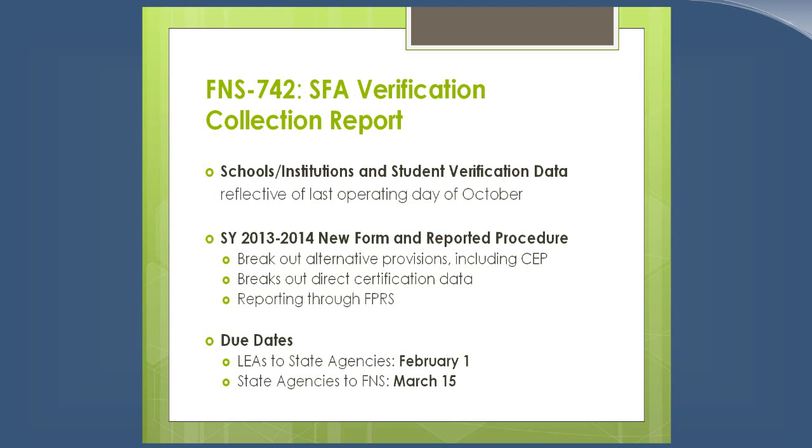And the other big change was that the reporting procedure changed to be reported in FIPRS now, the Food Program Reporting System. The due dates are listed here. LEAs are to get their data to the state agencies by February 1st, and state agencies are to have the information submitted to FNS by March 15th.